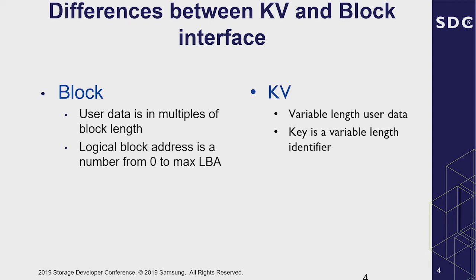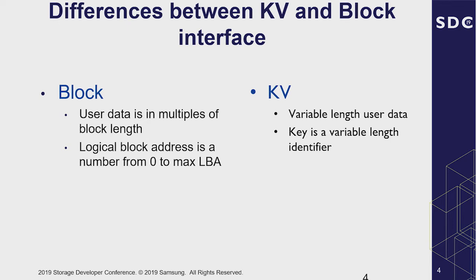So what are the differences between KV and block interfaces? Well, in the block interface, most of you are probably very familiar with block interface since you are storage developers. But user data is in multiples of a block length. The block length will be different on different devices, but nonetheless, it's in multiples of that block length.